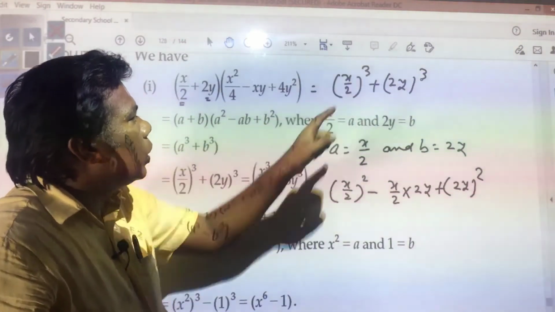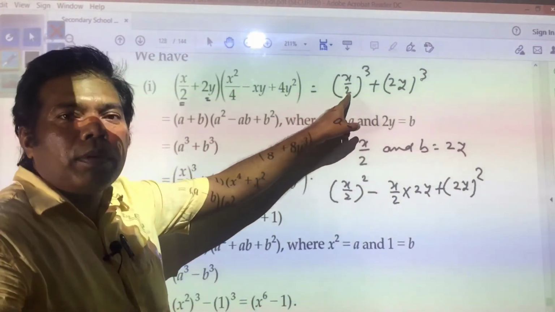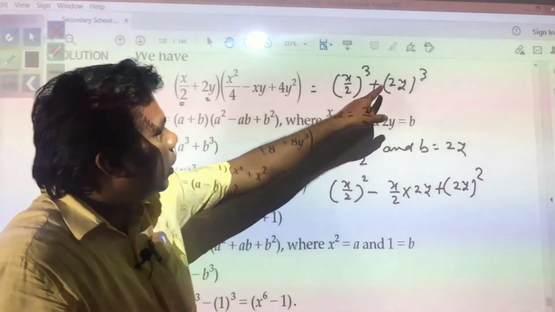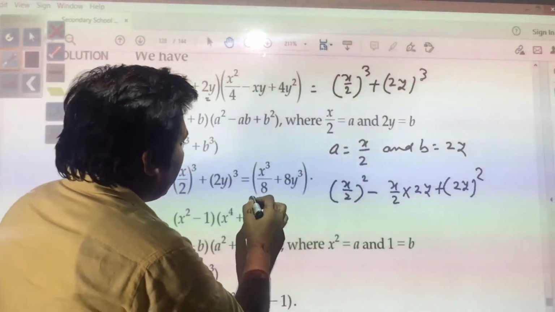X by 2 whole cube means x cube by 2 cube, which is x cube by 8, plus 2y whole cube means 8y cube. So, this will be your answer.